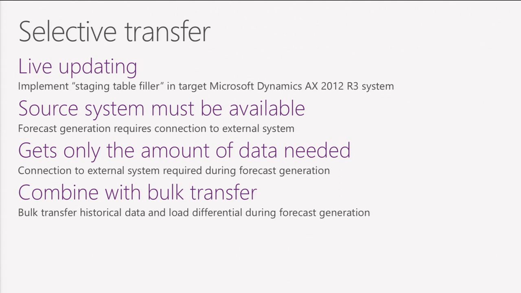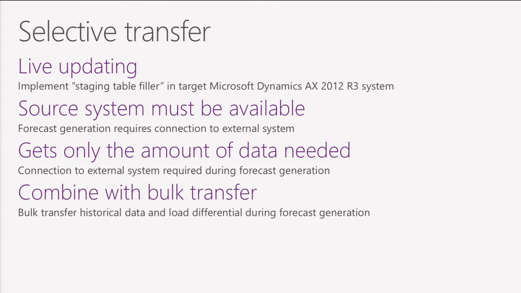What you need to remember, it's quite obvious, is that the source system needs to be always available when the demand forecasting process is run. But the advantage is that you load only the amount of data that is needed. In the bulk transfer, you probably should load all the data from the external system. In this case, you can just load the data that you need for the given period.